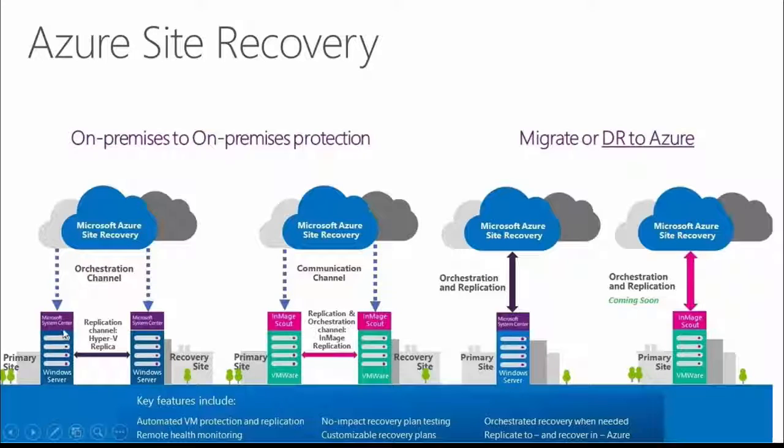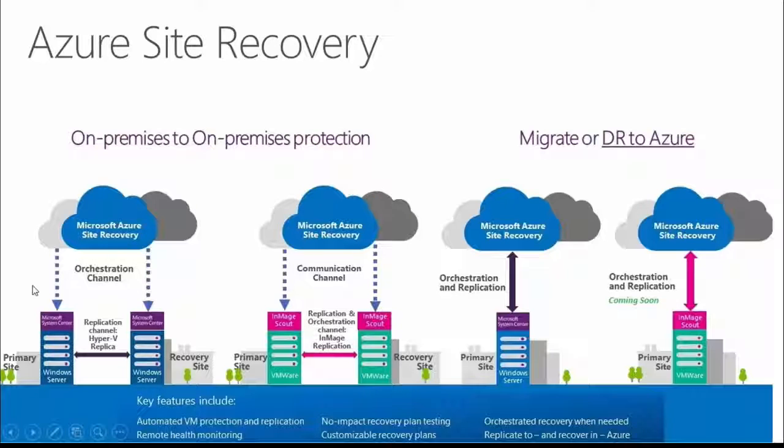In the primary site, you've got that primary virtual machine that you want to be running, and what Azure is basically doing is making sure that everything passes back and forth correctly. It orchestrates the whole process to make sure that on your recovery site, you've got a backup of that original VM. Now, very recently, Microsoft acquired a company called InMage Scout, and we're starting to integrate that into our solutions.